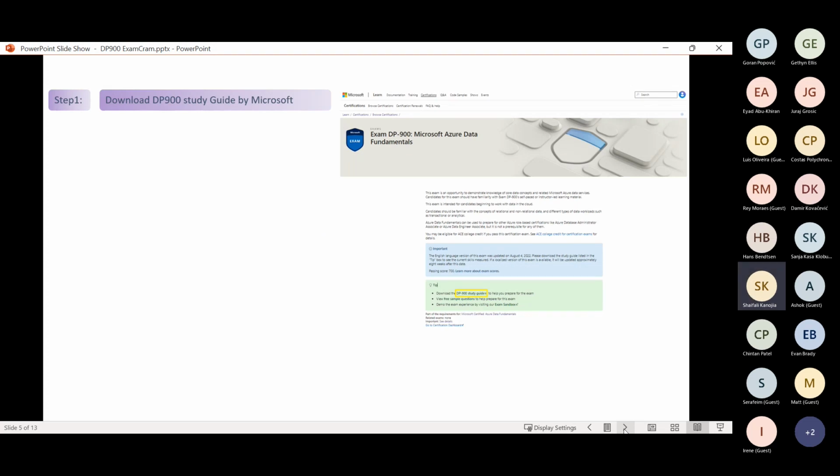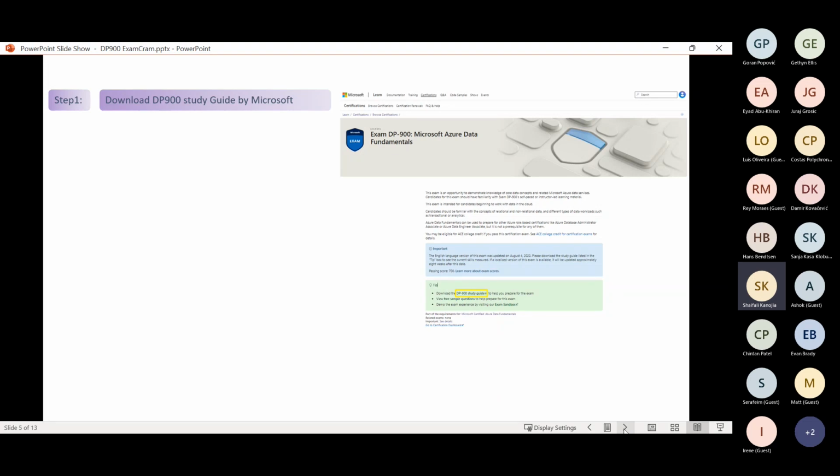for this DP-900, my first suggestion is that Microsoft has given a study guide. And if you can see a small screenshot, this is the place from where we can understand what DP-900 is. They keep this page updated with the latest changes or any of the formats, and lots of other resources are available there.